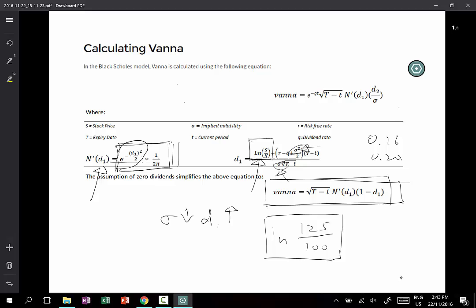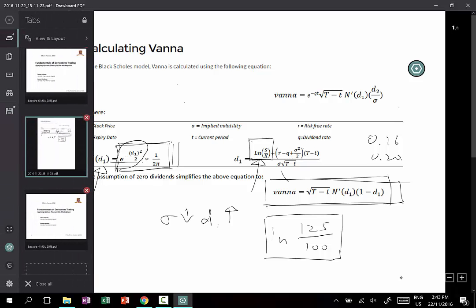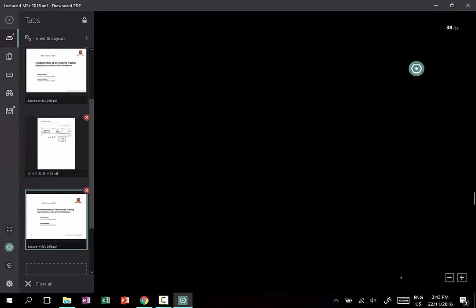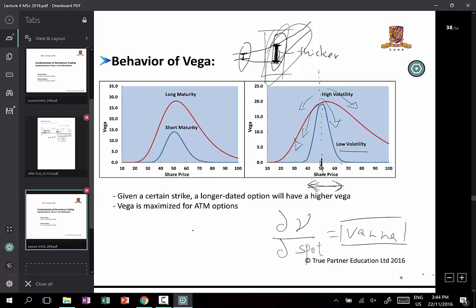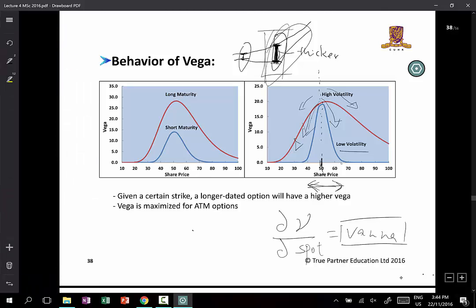Then how Vanna changes depends on what is happening at the back here, and it just so happens that when sigma is very small, the Vanna value actually is greater. Okay, that is why when sigma is small, you have a more rapid change in Vega than when sigma is large. As to why there is a tail here, isn't that fascinating?